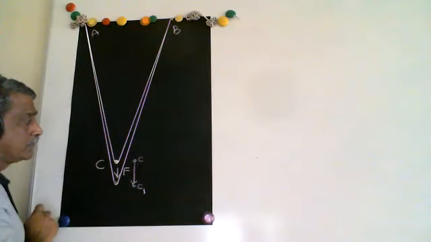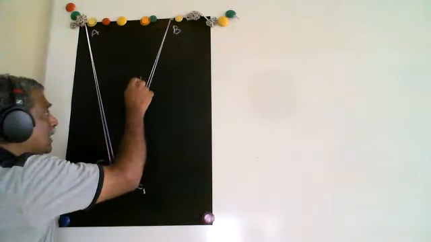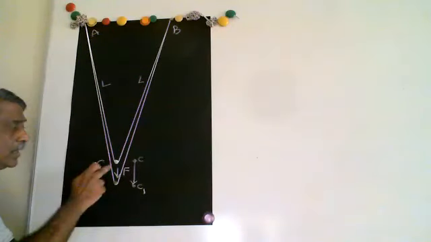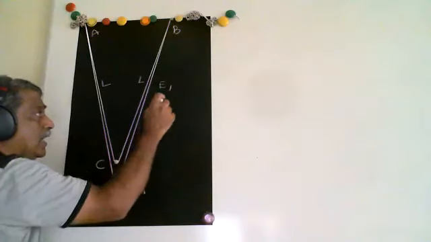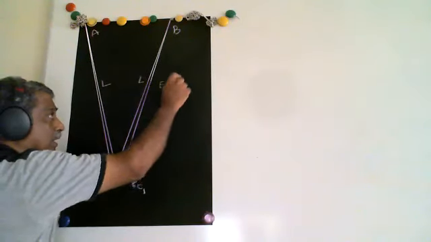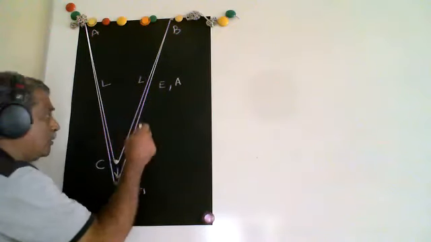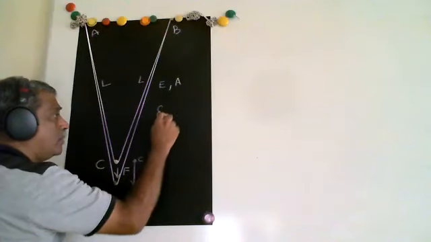This bar is of length L, and this bar is of length L. Having known the force, the elastic modulus and area, assuming it's a linear spring, I'll be able to find the extension of BC.